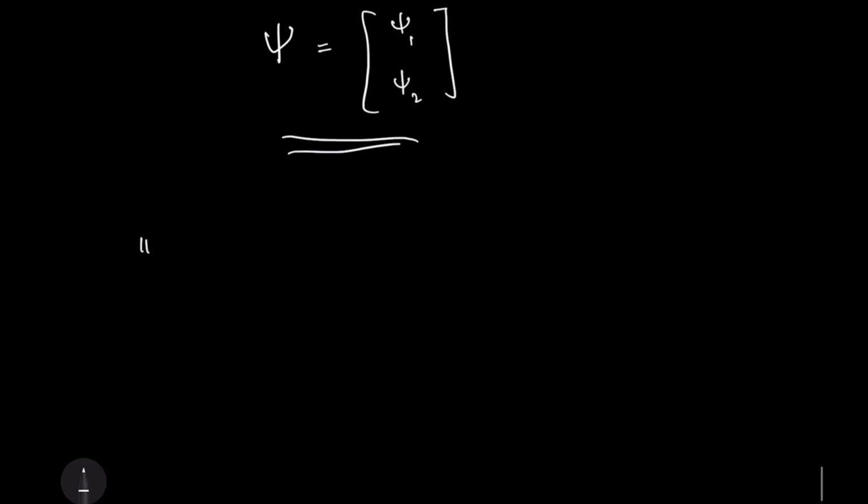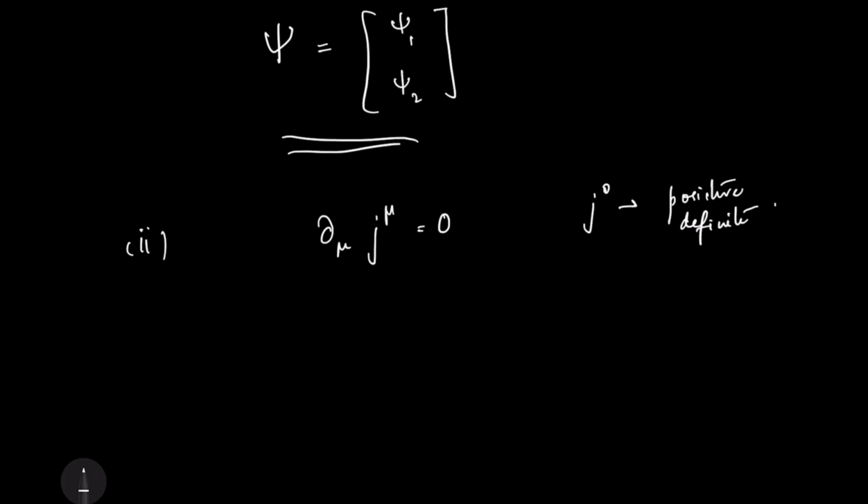And secondly, from the Dirac equation, we can derive an equation for the conserved current, partial mu J mu is equal to 0, where the 0th component of the current, J0, will be a positive definite quantity classically.